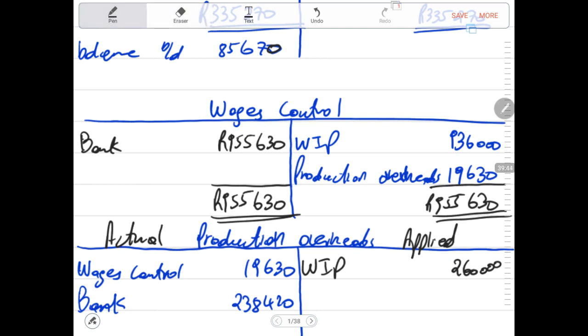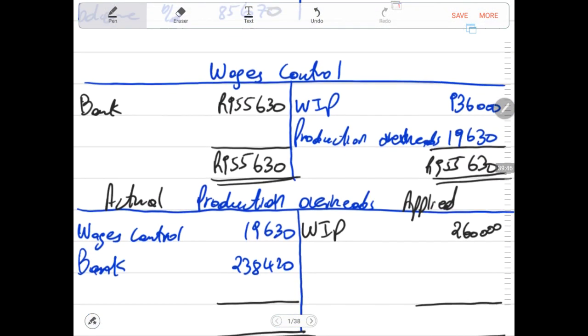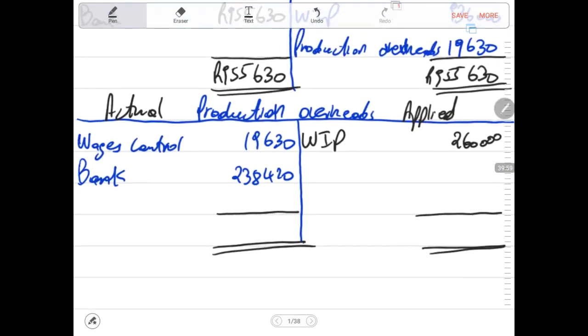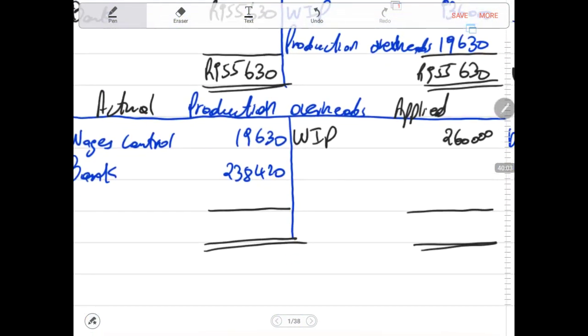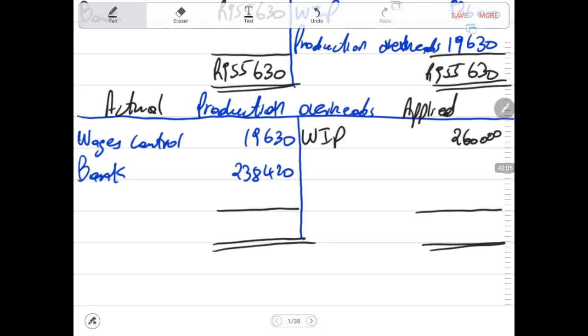Then when the wages are paid, we can reduce the liability with the payment, meaning the double entry will be bank on the debit side, reducing the wages payable, not the wage control. So please keep this at the back of your mind, as it also appears in other questions. Then wages control is done. Then we go to the production overheads, looking first for the bigger side.